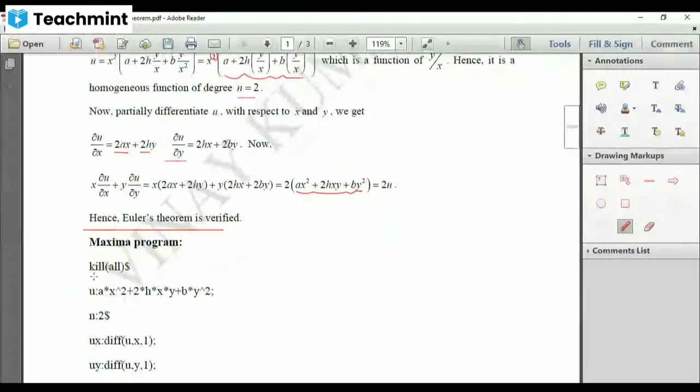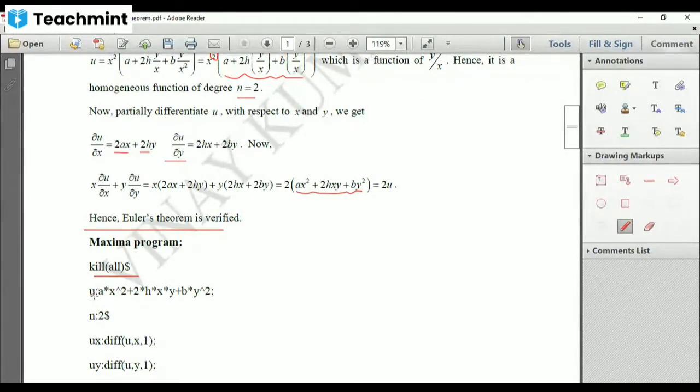As usual, we start with kill(all). Then, what is your function u? Here u is assigned, I'm taking u as a variable. I'm not writing this one as a function u of x comma y. If you write u of x comma y, then you have to use the functional assignment operator, that is colon with equal sign.